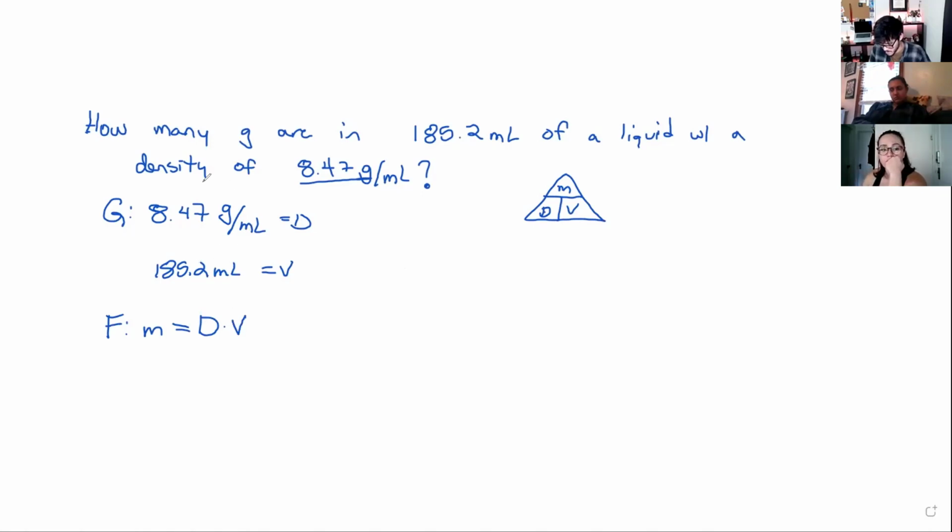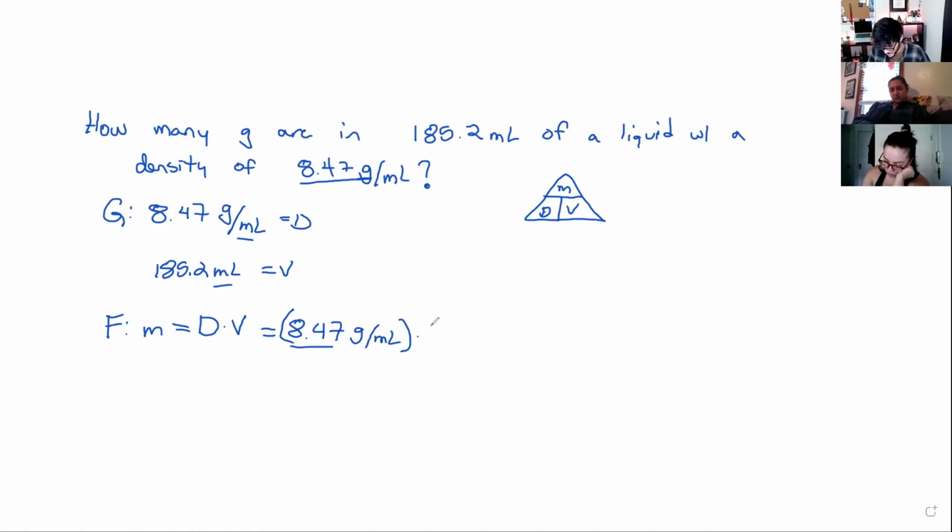Check and make sure the units are all on the same page. This is in milliliters, this is in milliliters, that looks good. So we can just plug in the two values multiplied by each other, 8.47 grams per milliliter. I always write my units in, I don't just write the number. The unit gives me confirmation that I plugged it in correctly.